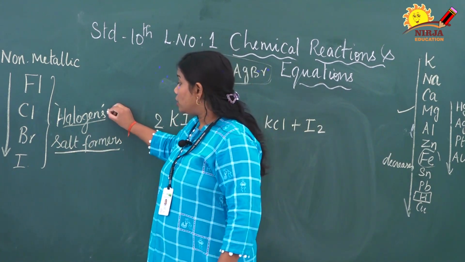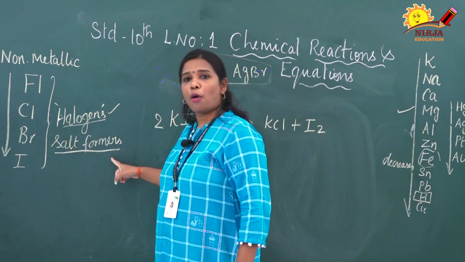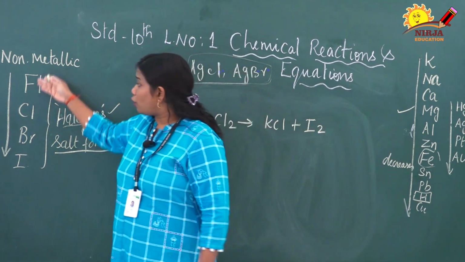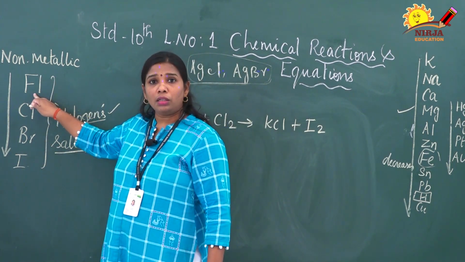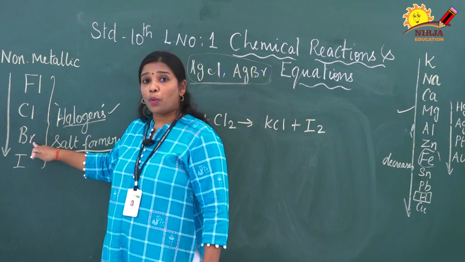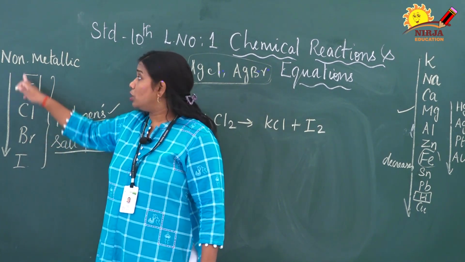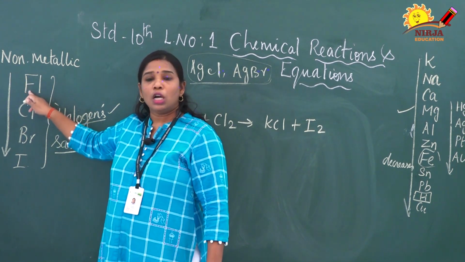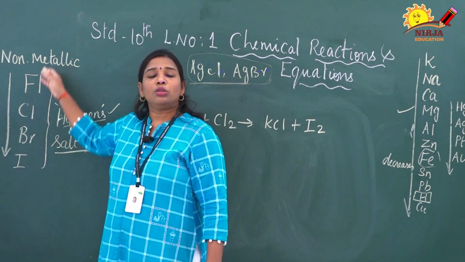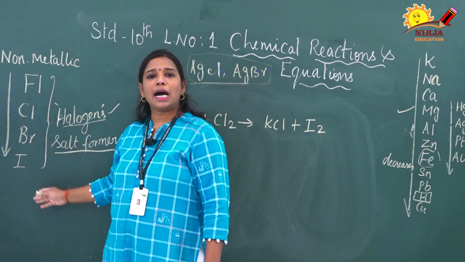That's why the halogens are called salt formers. There are 4 halogens here: fluorine, chlorine, bromine and iodine. The highest reactivity non-metal is fluorine, and the least is iodine. This way non-metals are arranged.